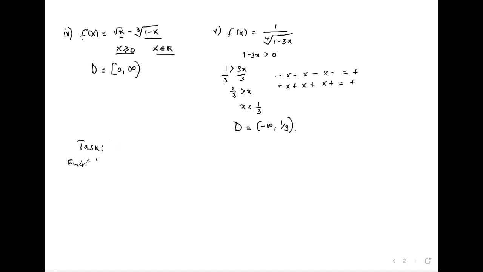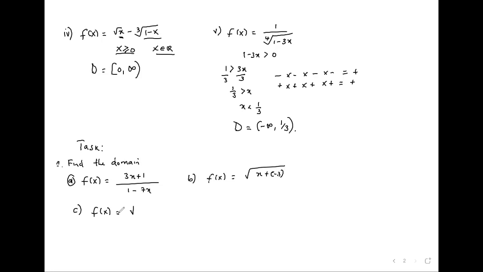Find the domain of: a, f of x is equal to 3x plus 1 over 1 minus 7x; b, f of x is equal to the root of x plus -3; and c, f of x is equal to root 1 minus x plus root x plus 2.